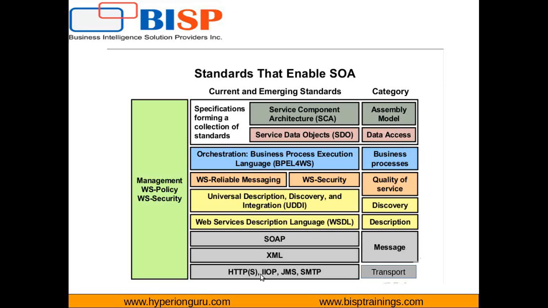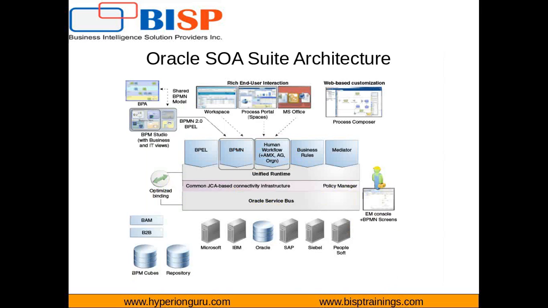All of these are the components which will help us build a service. It has a unified runtime. What SOA Suite from 11g onwards has done, and it carries forward in 12c, is that they have created these components which individually are standalone, and which together create a composite application.